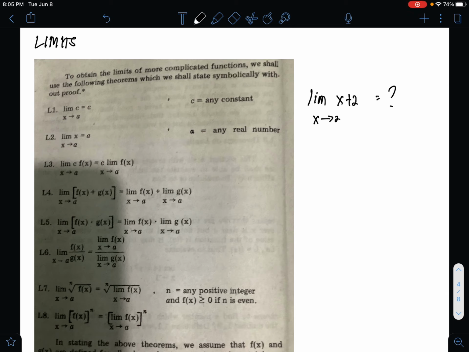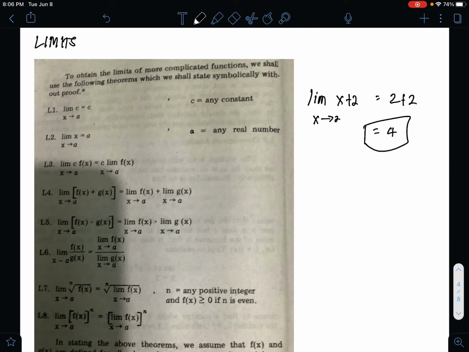This can be simply read as the limit of x plus 2 as x approaches 2 is what? So simply as x approaches 2, which is 4, right? So therefore, by direct substitution as x approaches 2, the answer is 4.